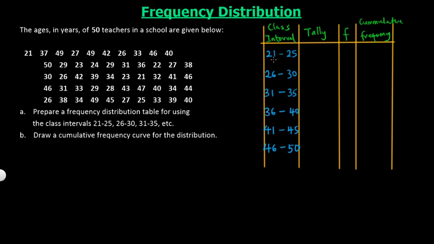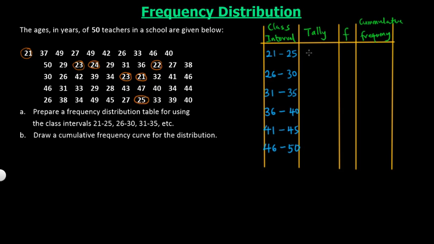Tally: we look for how many scores are between 21 and 25. Let's look at it. 1, 2, 3, 4, 5, 6, 7.